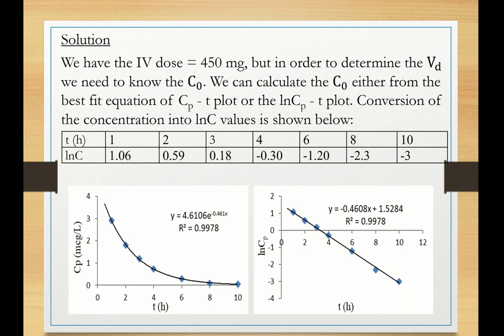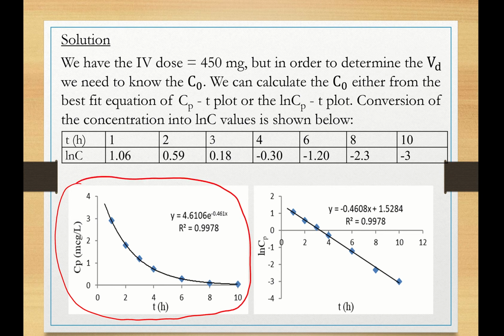Okay, so what we have done here, I've plotted the raw data, not the ln. And now we know that the equation is C is equal to C0 e to the minus KT. What I've done over there, I've fitted the data non-linearly using regression analysis.